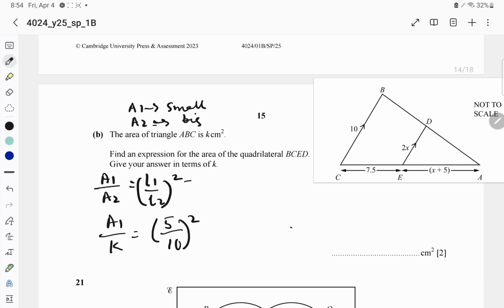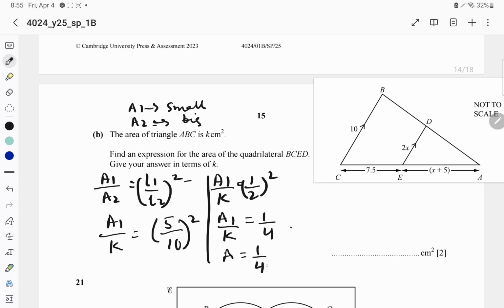That is half, so A1 upon k is equal to half square, which is 1 upon 4. So A1 is equal to a quarter times k. The smaller triangle is a quarter times k.